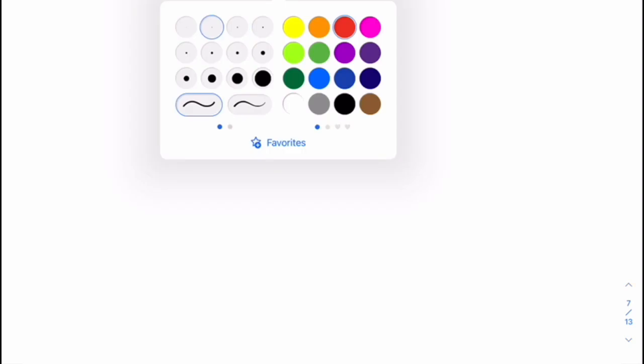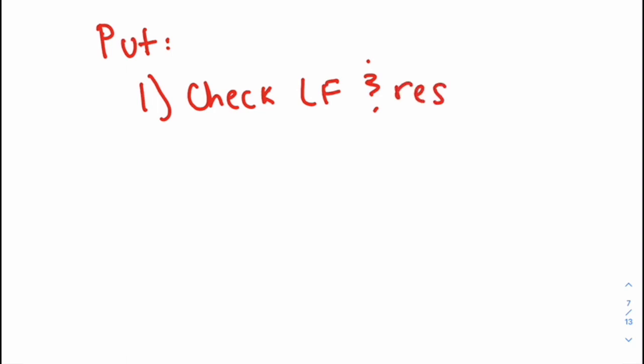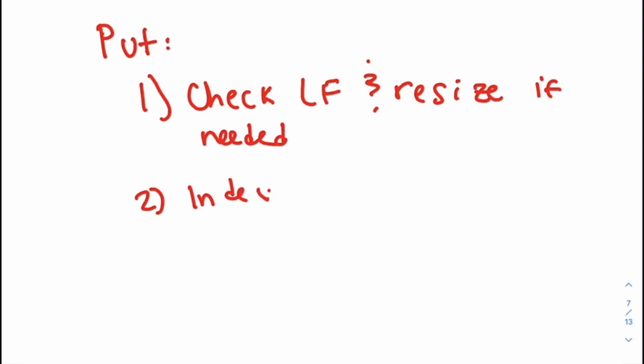We can quickly summarize the process of putting something in a hash table. Okay, so number 1, check load factor and resize if needed. Number 2 is index into correct bucket.